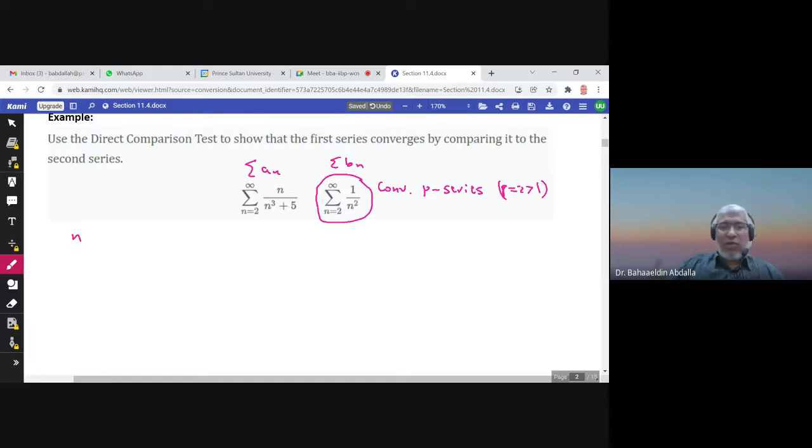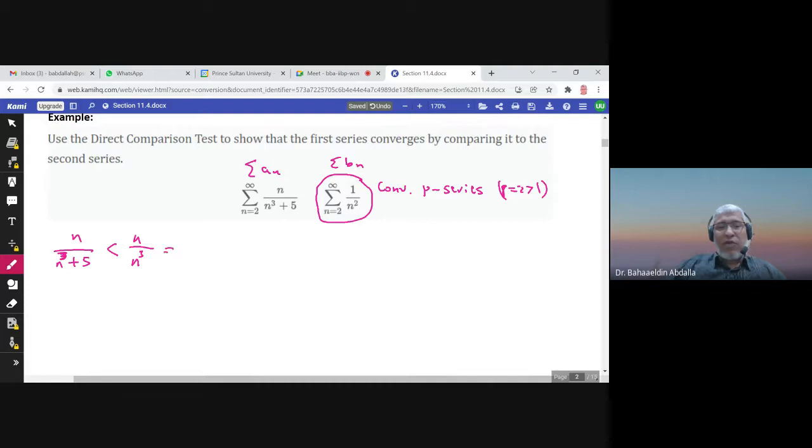So let us consider n over n cube plus 5. If we remove 5 from the denominator, then this would be less than n over n cube because we are making the denominator larger. Sorry, smaller, so the fraction is larger.